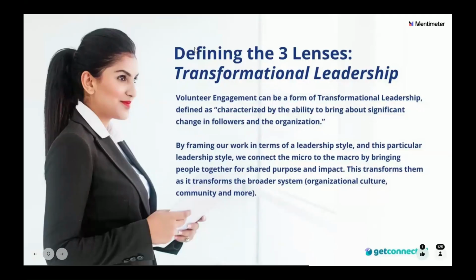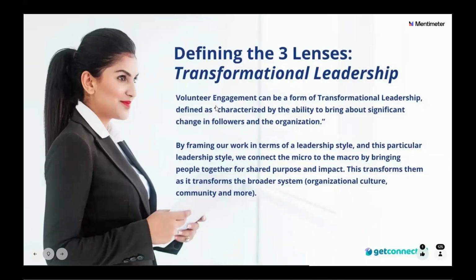Because we are seeing not just an individual volunteer and how they're growing, learning and evolving as a human being by being engaged with us, but also the impact on all the people in the community. We can also look at it at a kind of mini macro level, right? By the work that we do, we are transforming our organizational culture and our local community. So you can really transform so many things at multiple levels.